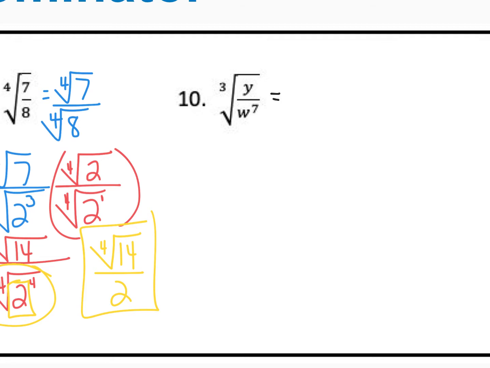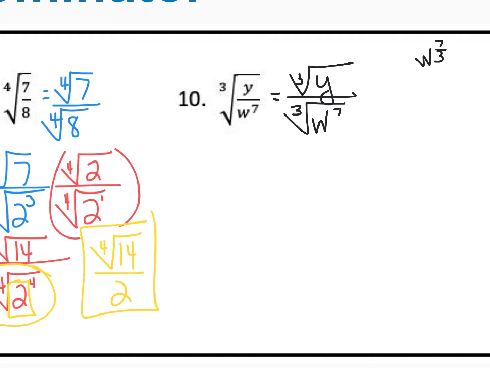Okay, so let's check out 10. So 10's got variables. We're assuming again that these are positive variables, so we don't have to deal with any weird conditions. Cube root of y over cube root of w to the 7th. Now, think about when I do exponent divided by index. That would be the same as w to the 7/3. Well, I would want it to be a multiple of 3.